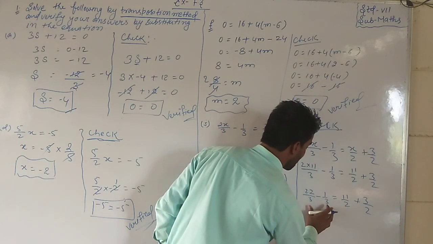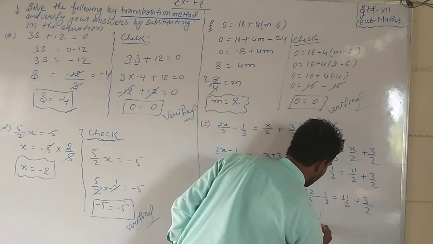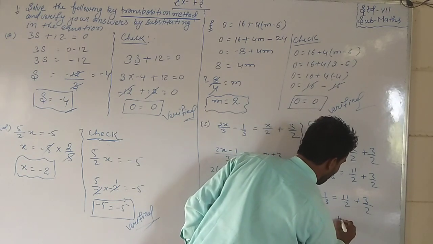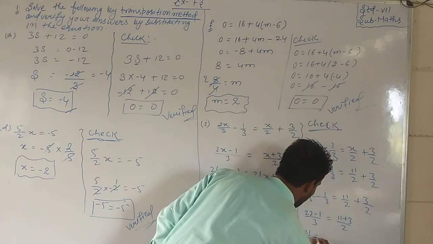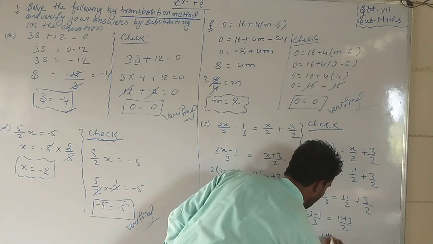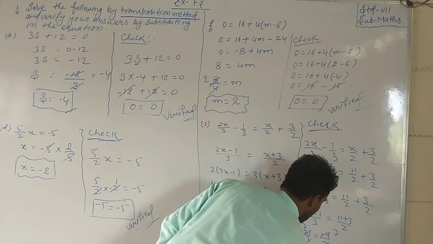The denominators are equal. So what will happen? 22 minus 1 by 3 is equal to 11 plus 3 by 2. 21 by 3 is equal to 14 by 2. 3 sevens are 21, 2 sevens are 14. Students, we can check 7 is equal to 7.